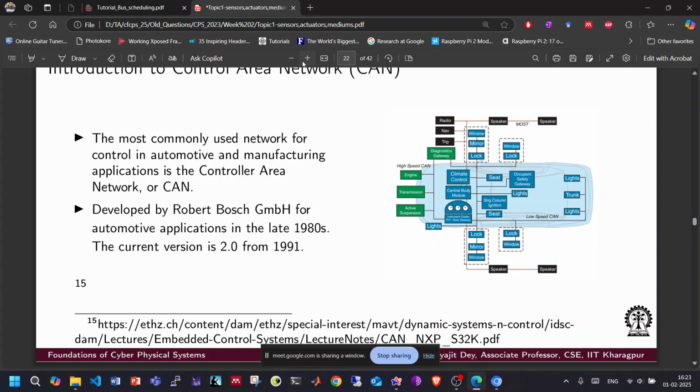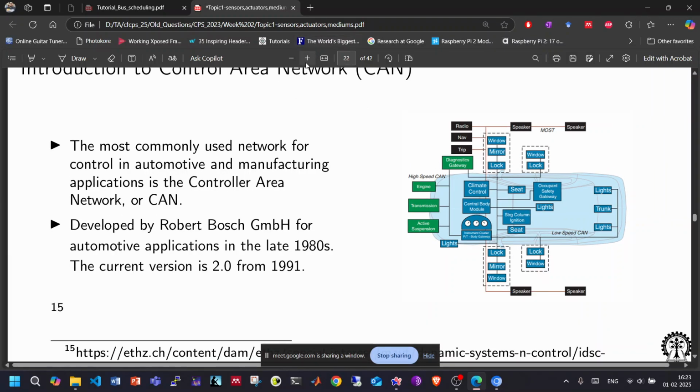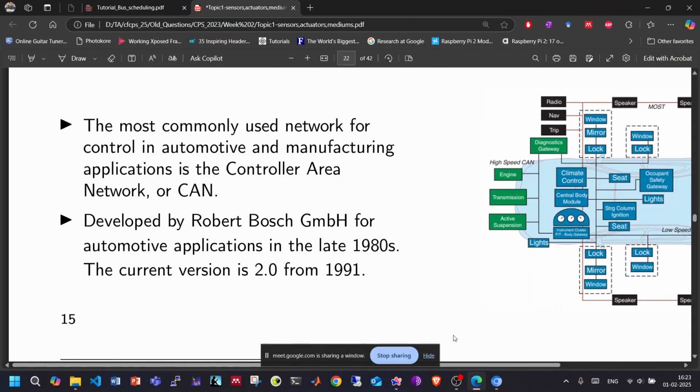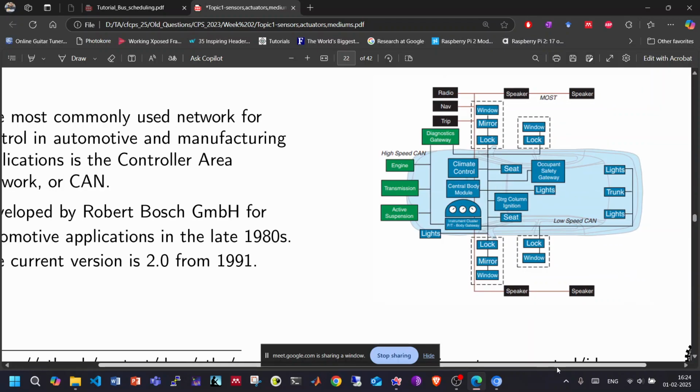So what do I mean by heavy implementation? Depending on how much it costs me to implement the communication channel, that will decide how much the CPS will cost. If it's a consumer-centric CPS that is designed to be sold to the consumer, it is different from a power grid, which is a CPS that is not prepared to sell; basically we are selling the power that we are generating and distributing.